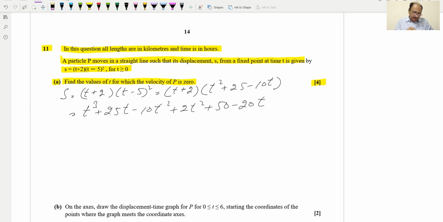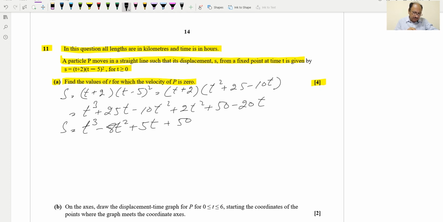Now we can arrange them in descending order of powers of t, so it will be t cubed, and next we take the square, so minus 10 plus 2 will be minus 8, so minus 8t squared, and then we take t, so it will be plus 5t and the constant will be plus 50.